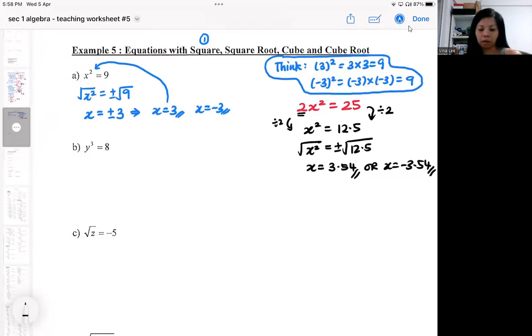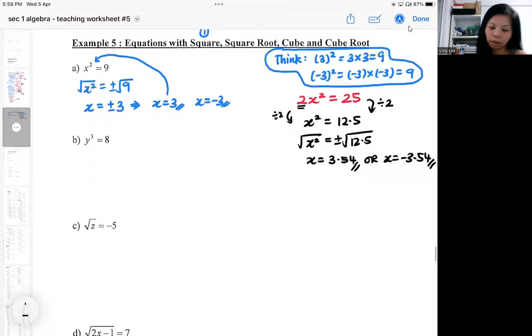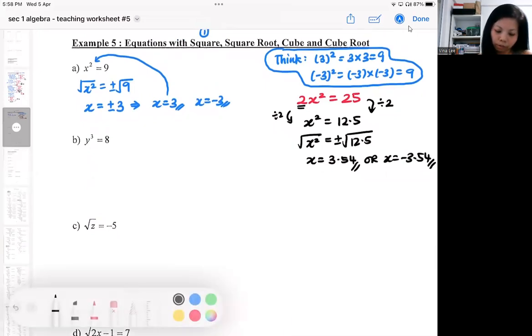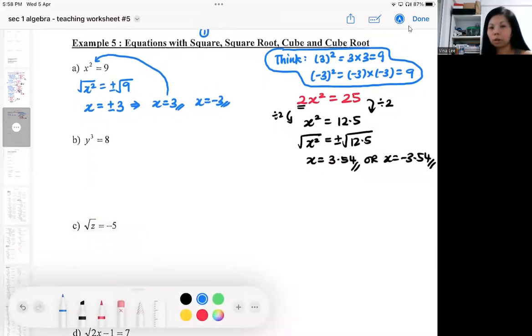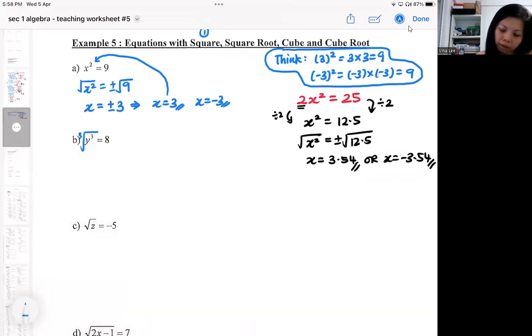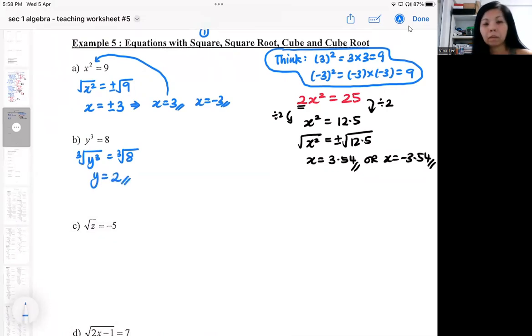When you have a square, the next question deals with a cube. If you have a cube, you take a cube root on both sides. When you do a cube root on both sides, you get y, and you can punch the calculator to get 2.